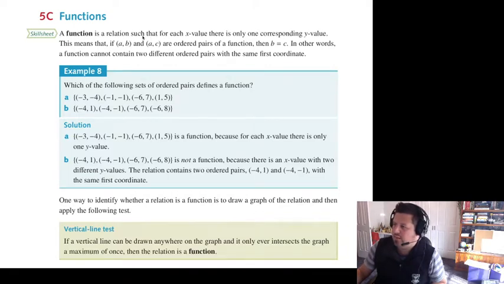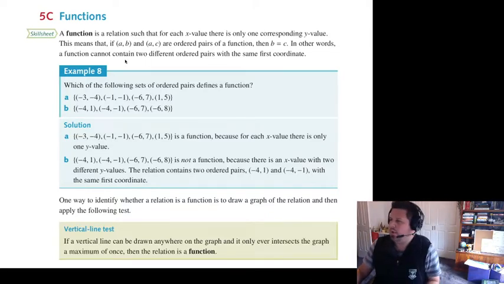So both this b value and the c value would have to be the same for this to be a function. If you have some coordinates where the x value is the same, yet they have different y values, then it's not going to be a function.